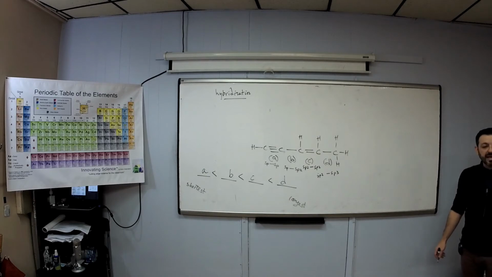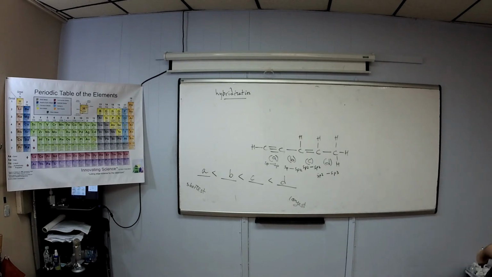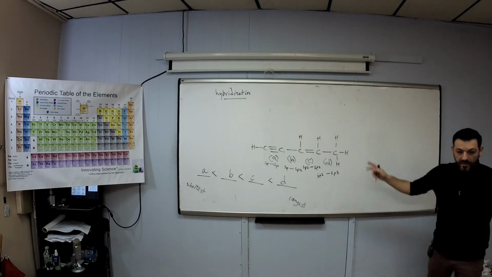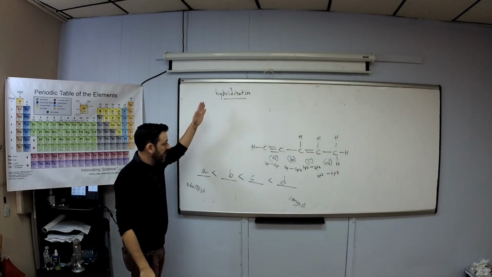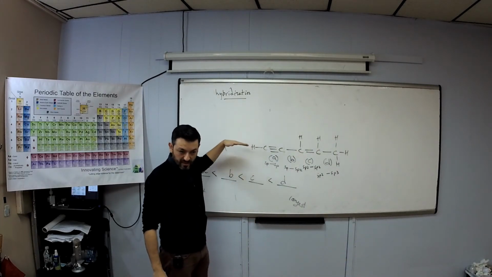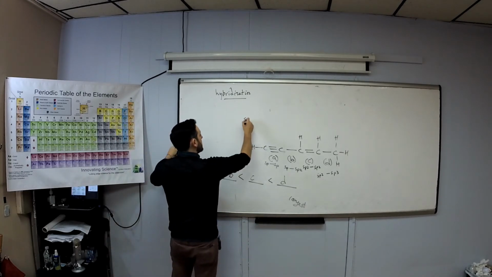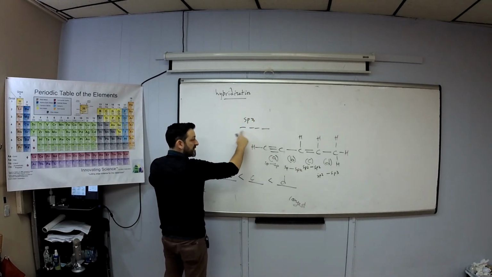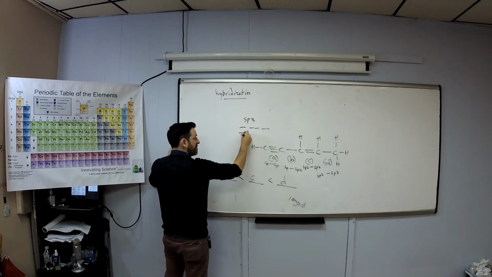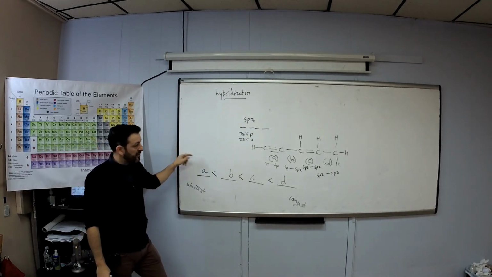We're going to be discussing percent S character. On the hybrid orbital picture that you drew, go back a page or whatever in your notes, the one where I drew a carbon, a line, and then the other carbon, the p orbital, the s. The one that was sp3, with all those four equal orbitals, you could say this hybridization is 75% P, 25% S. It's such an easy math thing to do.